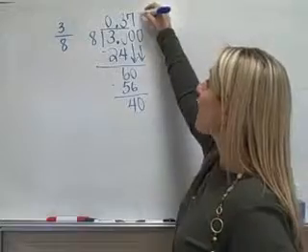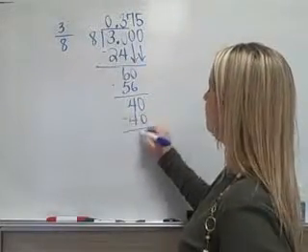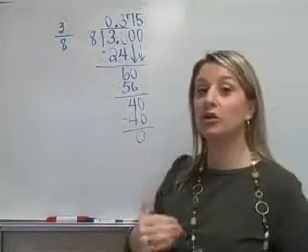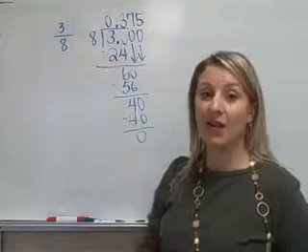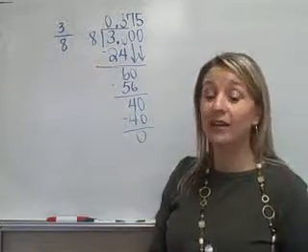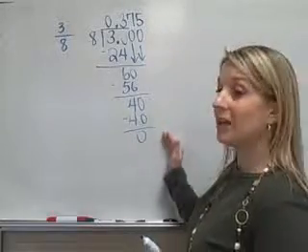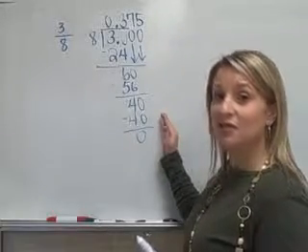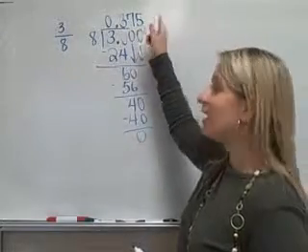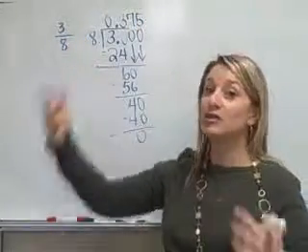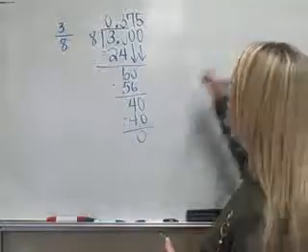Oh, 8 goes into 40 5 times perfectly, doesn't it? 8 times 5 is 40. We get 0. Once you get a 0, you know that you're finished. And my answer is 0.375. You are going to be doing this by hand, not using a calculator. Okay? Now this is a terminating decimal. Terminating decimals are rational, which makes sense because 0.375 is really 3/8, which is a fraction, which automatically makes it rational. Okay?